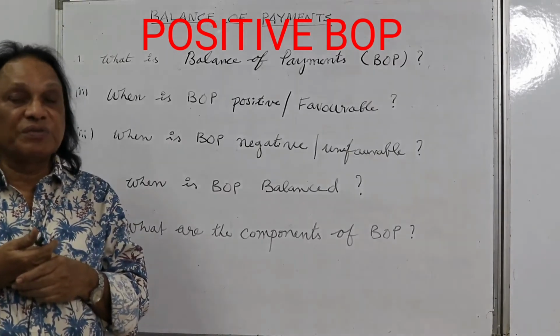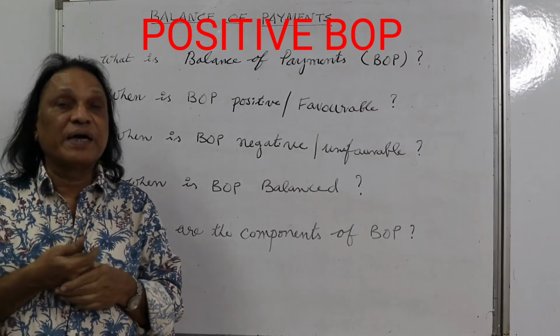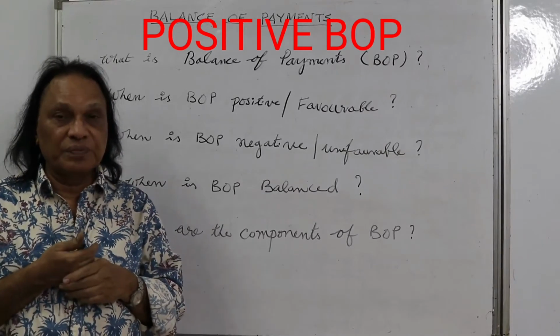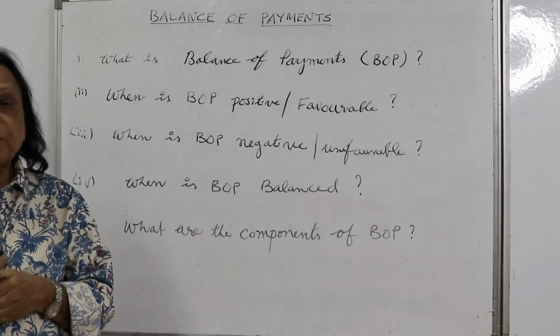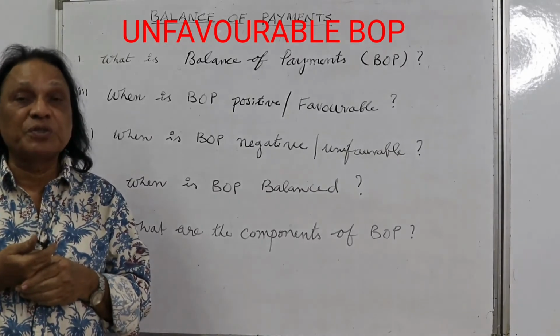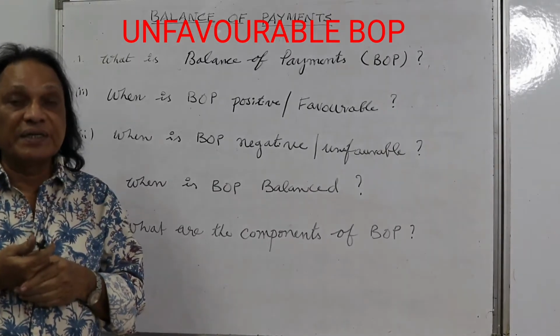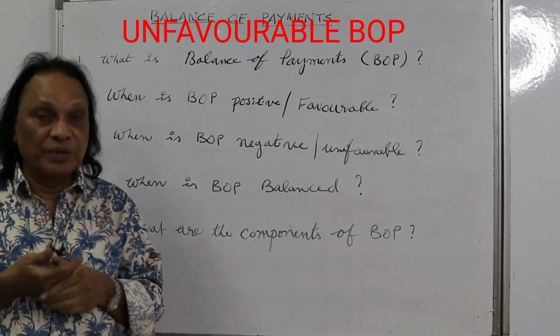In simple words, if the exports of the country, which means everything, are greater than imports of the country. When is BOP negative or unfavorable? BOP is negative or unfavorable when imports of the country in terms of visible and invisible items are greater than exports of the country in terms of visible and invisible, both.